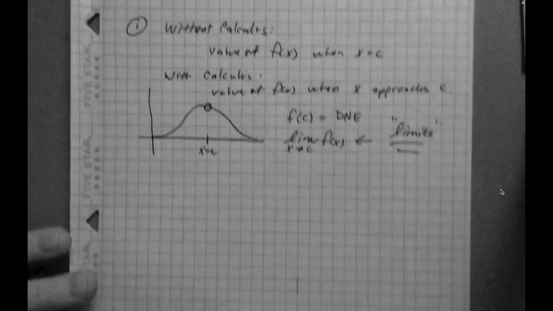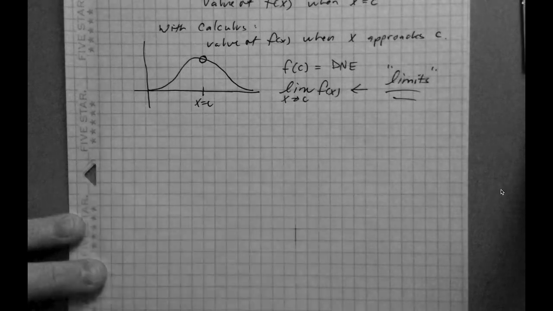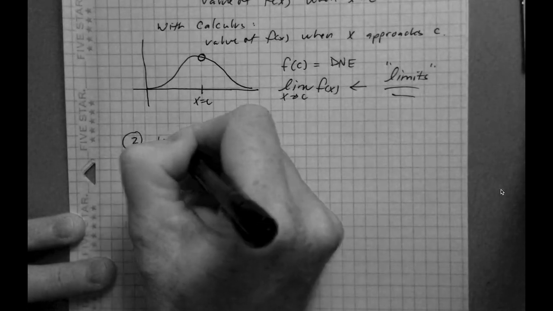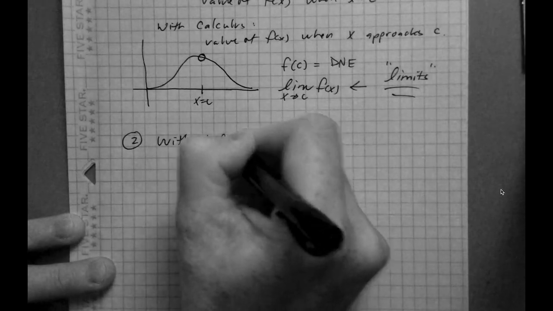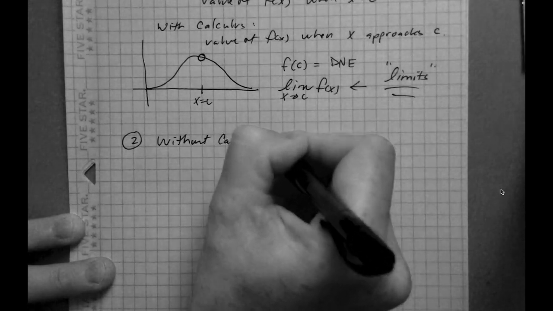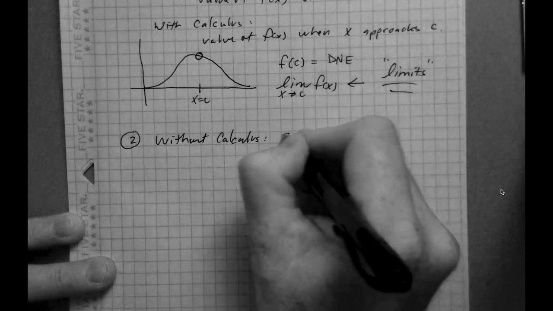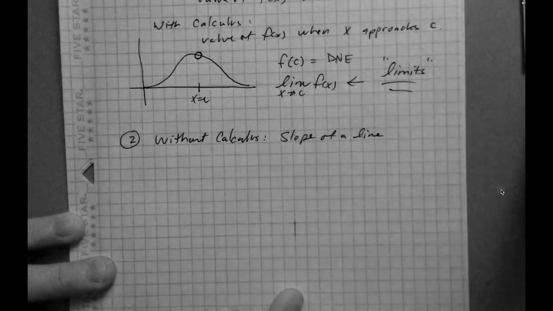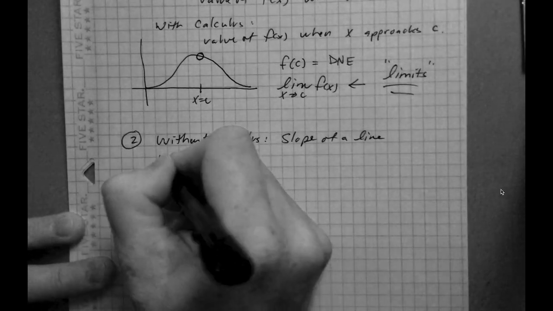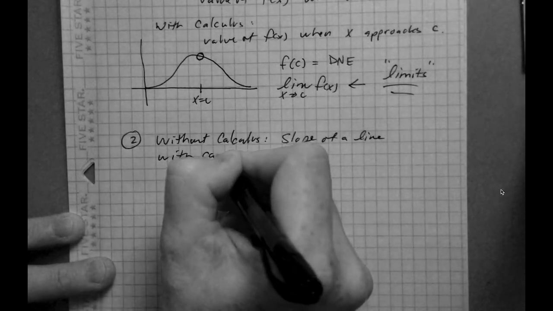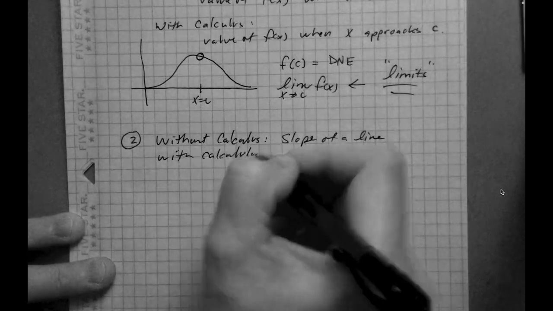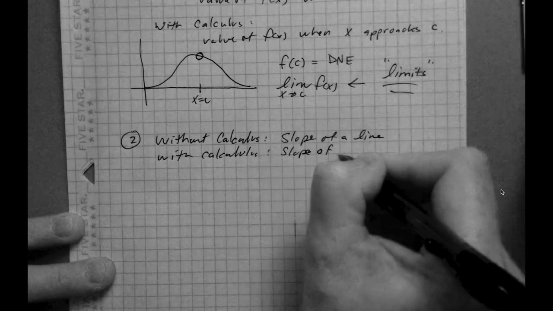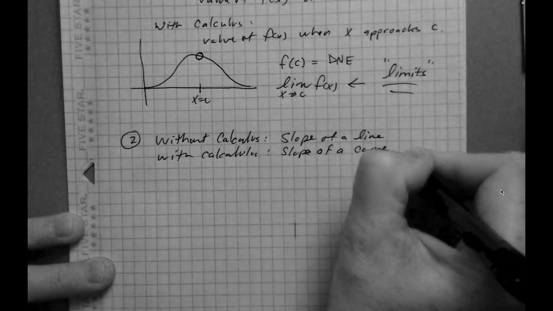So another example, with and without calculus. Without calculus, we can talk about the slope of a line. Now, with calculus, we can talk about the slope of a curve.